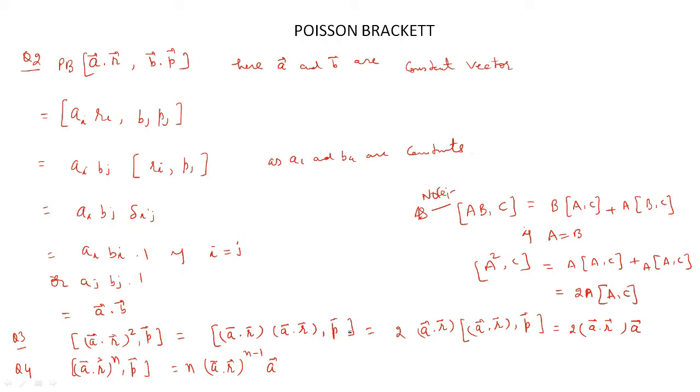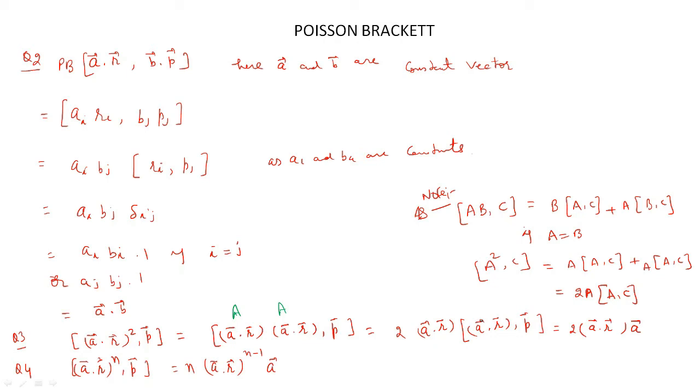Similarly here, we can write (A·R) whole square comma P as {(A·R)(A·R), P}. So it is like your A and it is also A, so it will be like {A^2, P}. Its value will be equal to twice A times the Poisson bracket, so its value will be twice (A·R) times {A·R, P}.